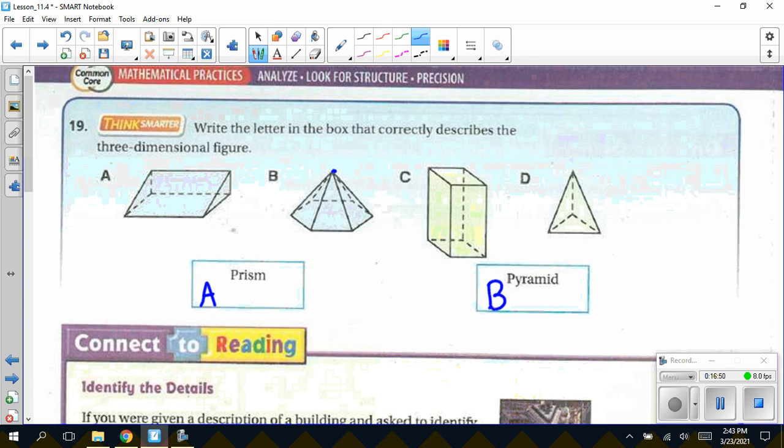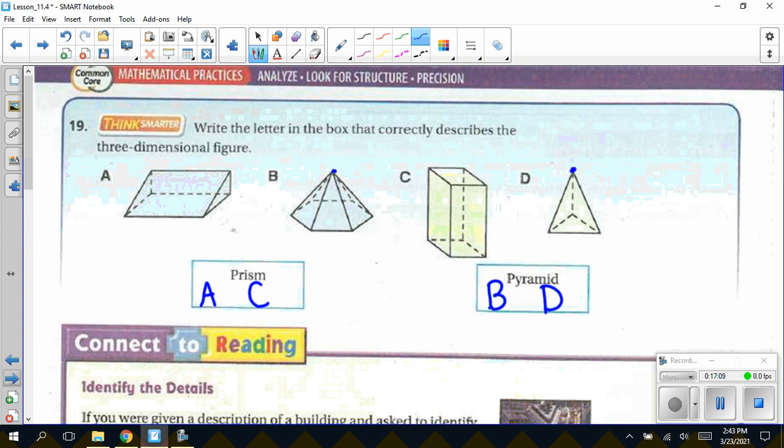C, again, there are 2 bases with rectangular lateral faces, so that is a prism. And then D has 1 triangular base with 3 triangular lateral faces that meet up at the vertex, so that is a pyramid.